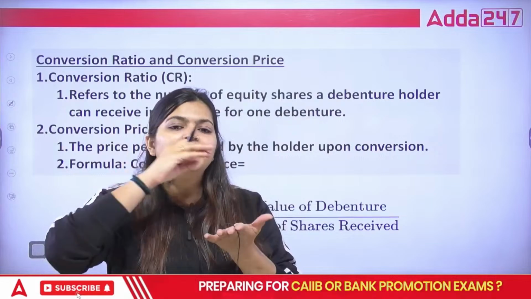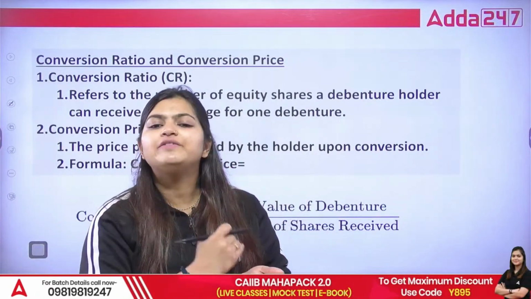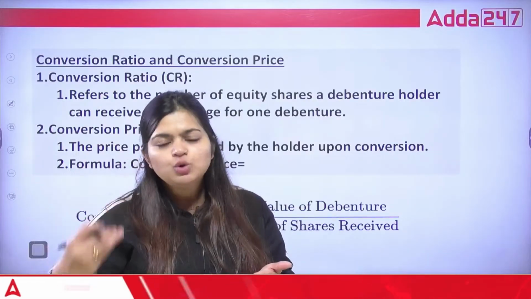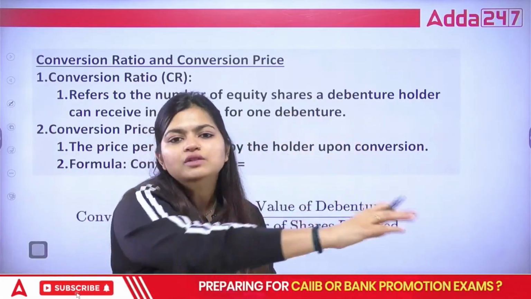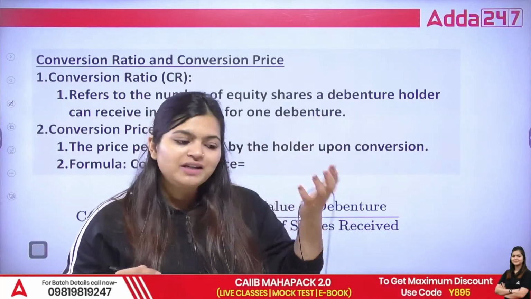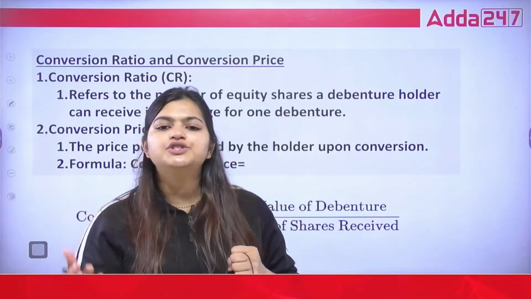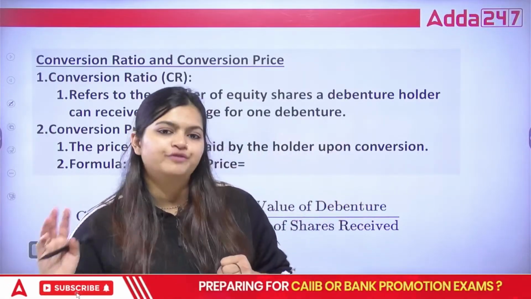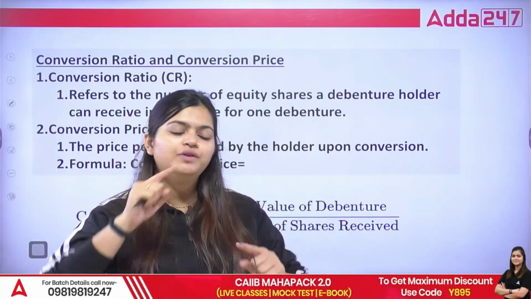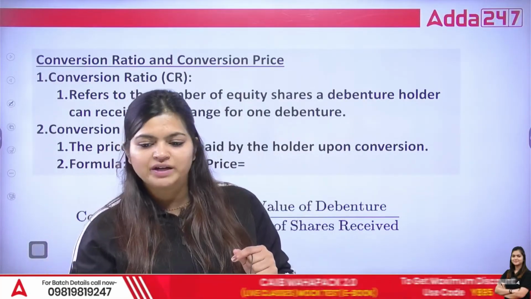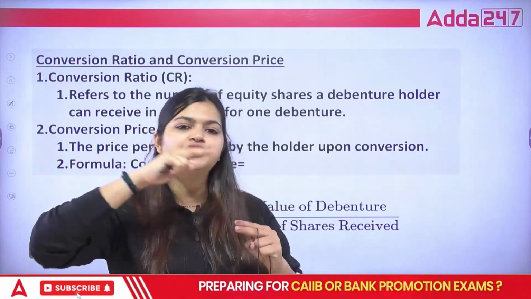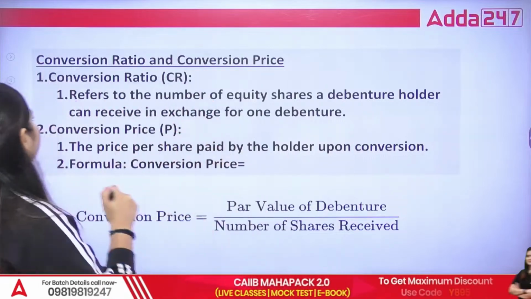Because when you are taking a loan, you are not giving any ownership. But as soon as you convert into equity, you are giving ownership to those holders. So at the time of issue, you are taking a loan, but after conversion, they are the owners of your company. For that whole situation, we need to convert these debentures into equity. So how to convert it? We require the conversion ratio and conversion price. So let's read about these two things.